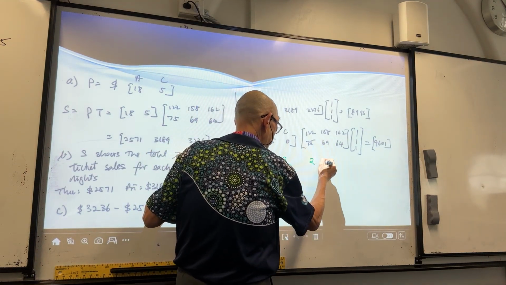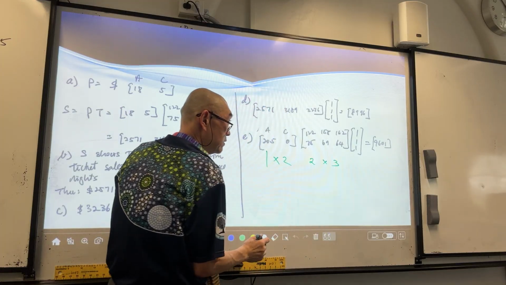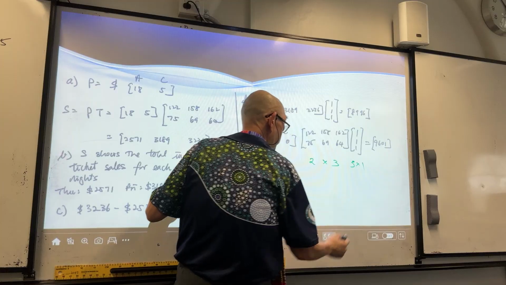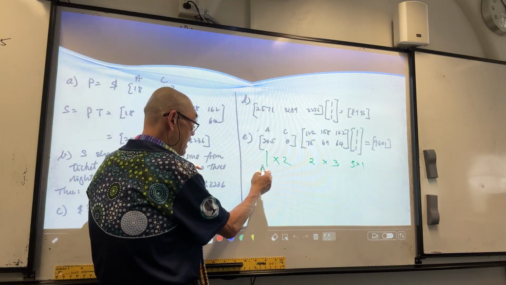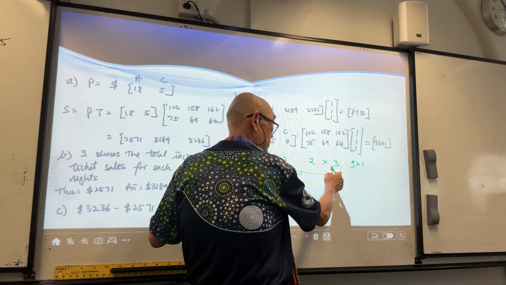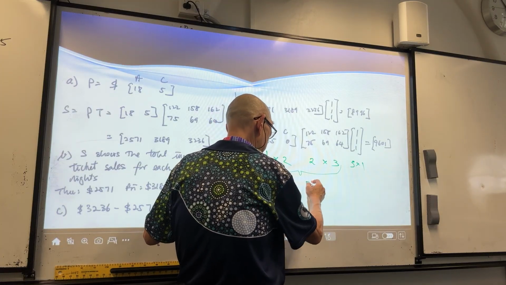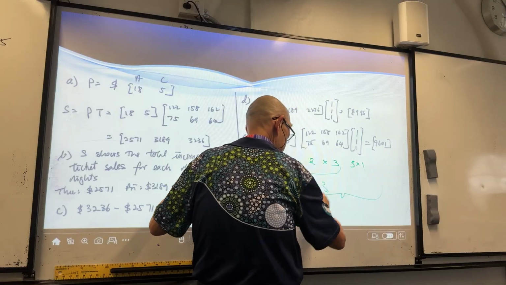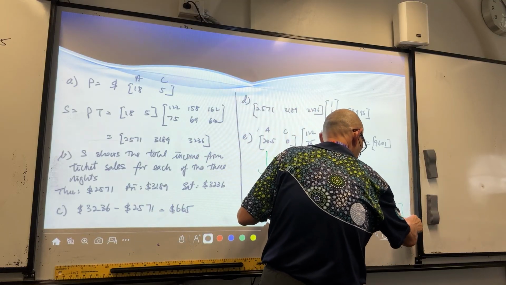This is 2 rows by 3 columns. Right? And this is 3 rows by 1 column. So you can see that I can multiply this first, because I will end up with 1 by 3, and then multiply that, I will end up with a 1 by 1.